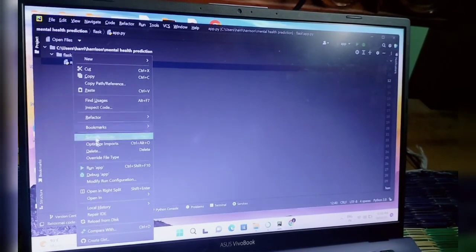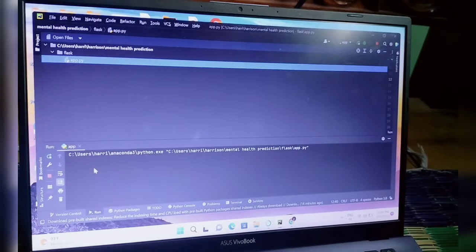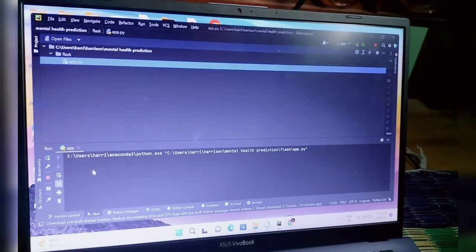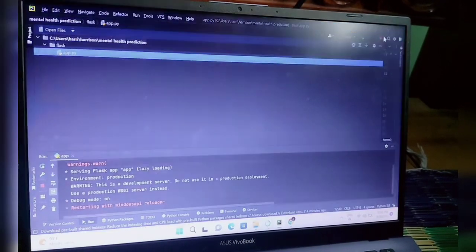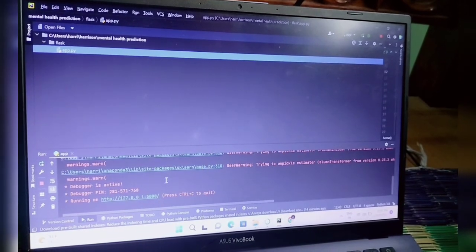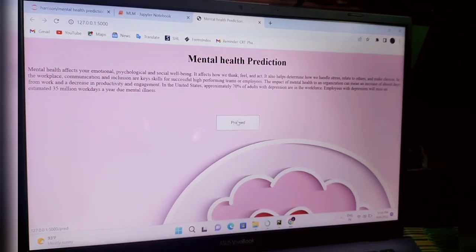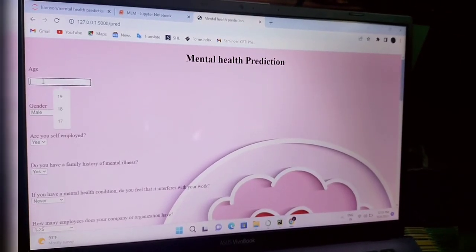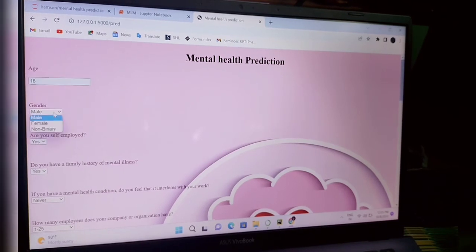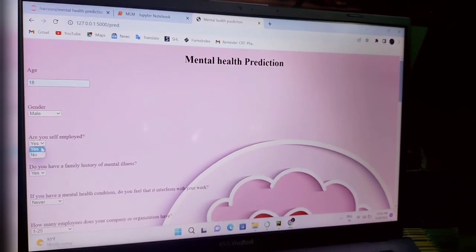Now let's run our Python file by using python. After running, the URL will be generated. Enter the URL of the project, and a prediction page will be there. Give proceed and provide the inputs.